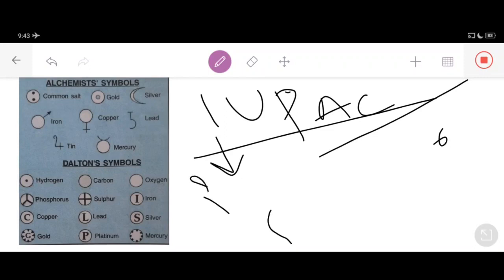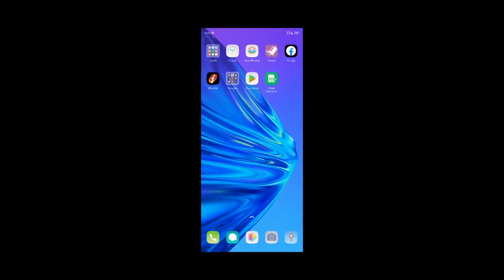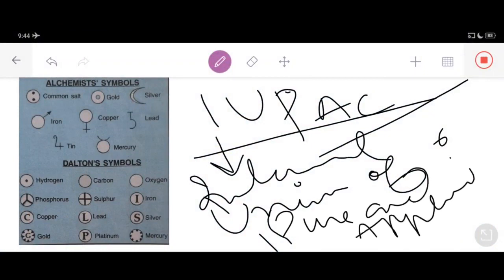International Union of Pure and Applied Chemistry. So every single element is named according to a union.